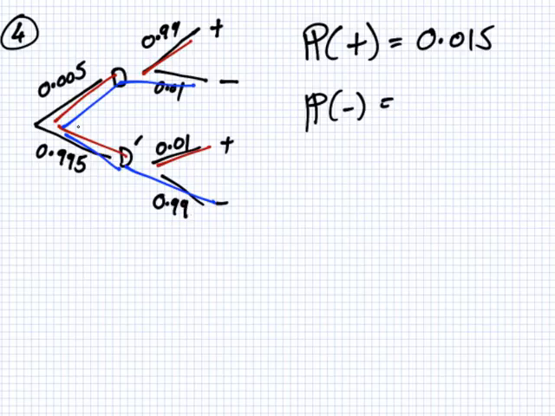So for example, you do 0.005 times 0.01 plus 0.995 times 0.99. 0.985. Yeah? Okay.